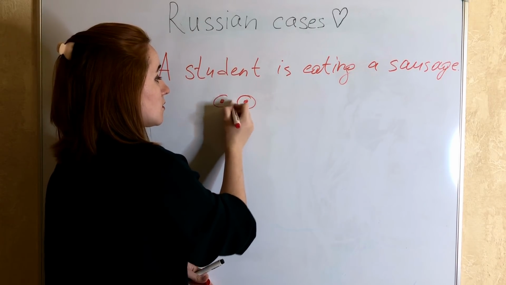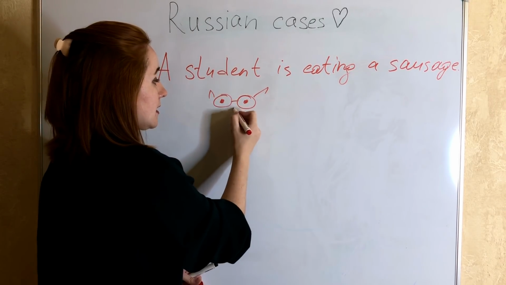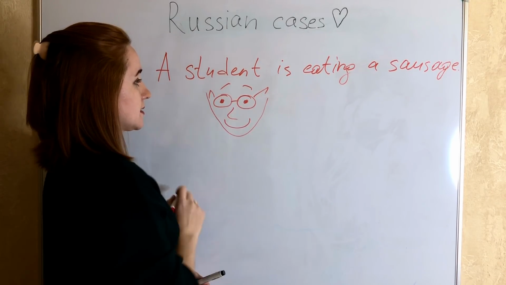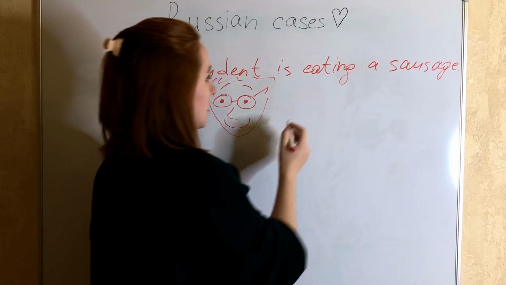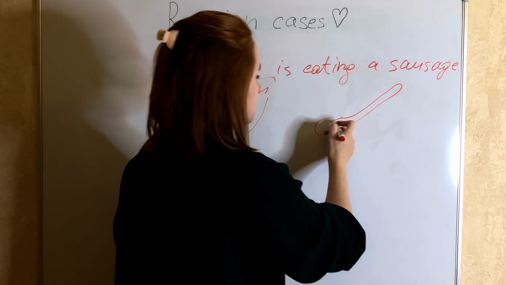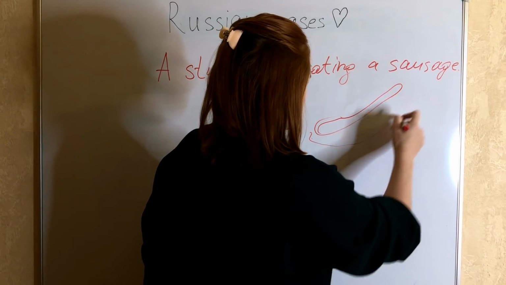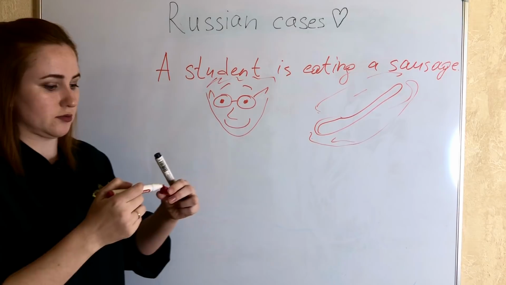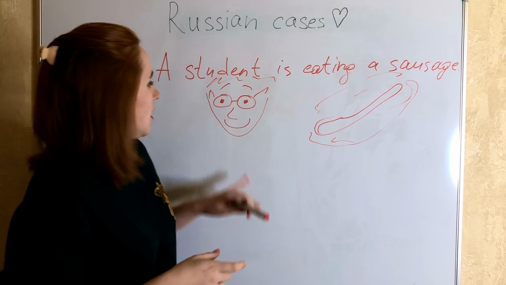So, as we already know, in English, happy student, he likes sausages, right? He is eating some sausage, I don't know, maybe hamburger and patty. So, I don't know, sausage, сосиска.